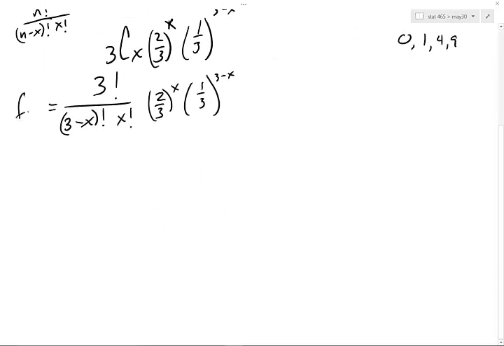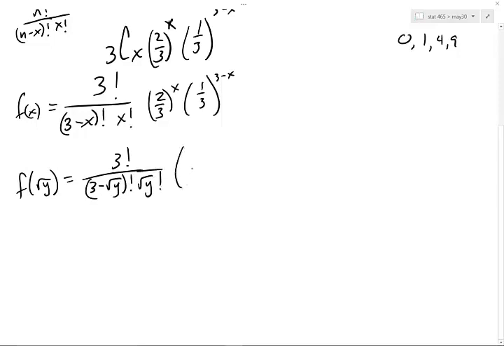So this is f of x. Well, I want f of y. See that? Isn't that nice? So it's going to be 3 factorial over 3 minus the square root of y factorial, square root of y factorial, times 2/3 to the square root of y, times 1/3 to the 3 minus square root of y. Okay, so far so good. That's all, folks.